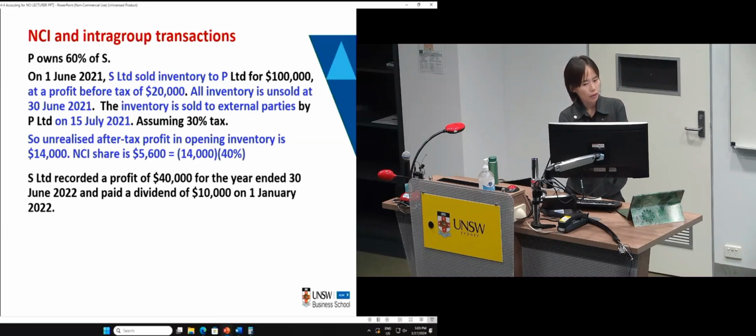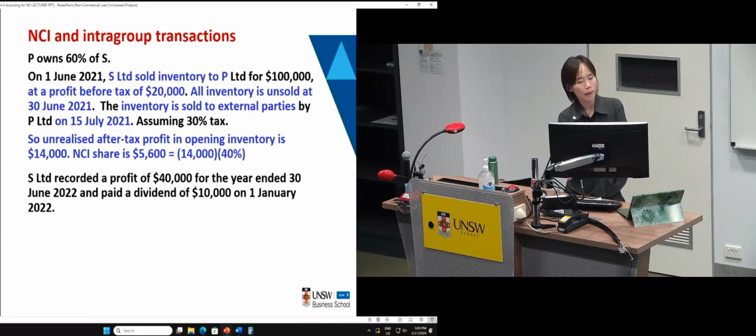Now this unrealized profit is included in the retained earnings of Us Limited at the beginning of the current year, but it should be on an after-tax basis, right? Because prior year sales revenue, cost of goods sold, and income tax expense all close to retained earnings.